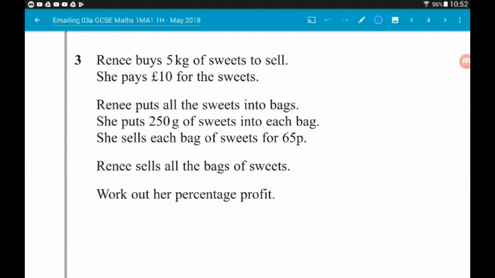We want to work out her percentage profit. To do that, we're going to need to work out her profit. To do that, we need to work out how much she makes in total by selling the sweets. To do that, we need to work out how many bags of sweets she sells.